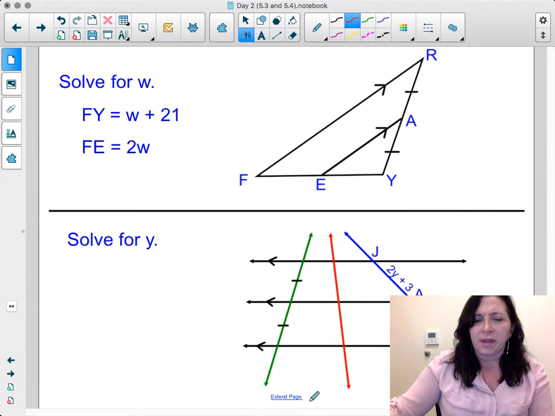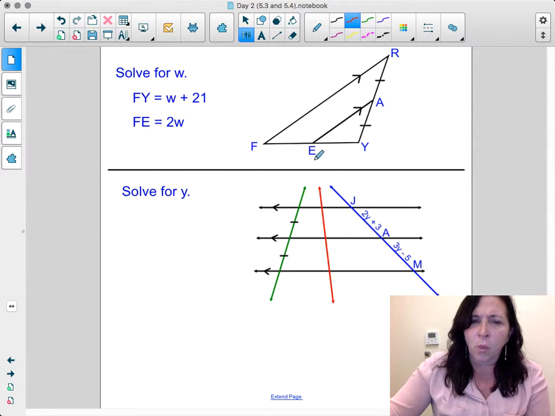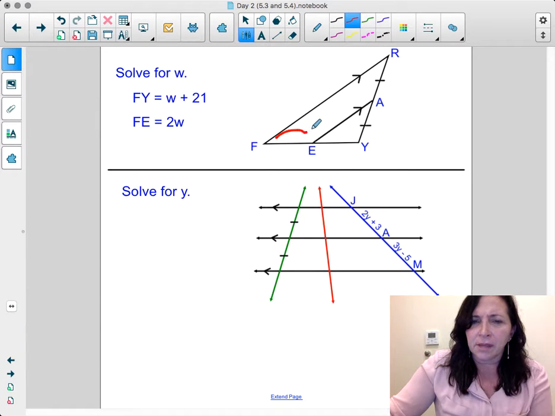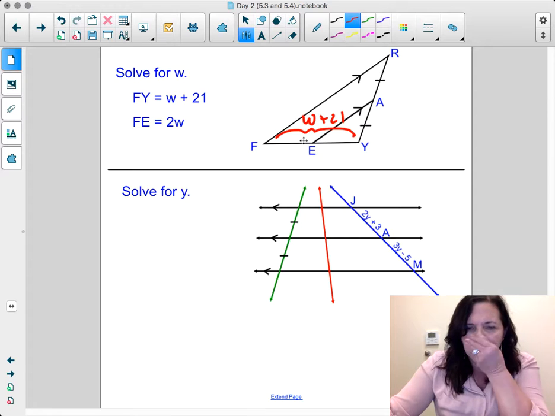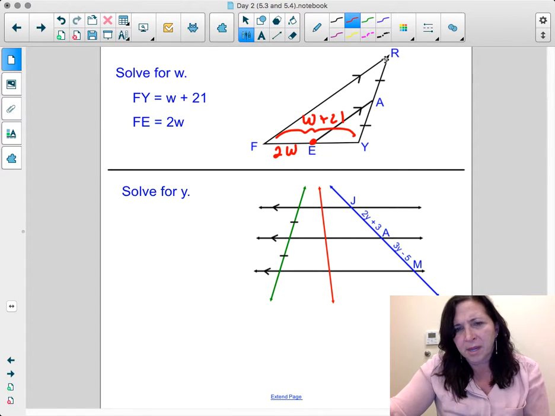A couple more examples for these problems. We know that FY, the whole thing, is going to be W plus 21. We know that FE is 2W, and if these are midpoints, then they're both midpoints. Well, I know it's a midpoint because this is congruent to this, and those are parallel.